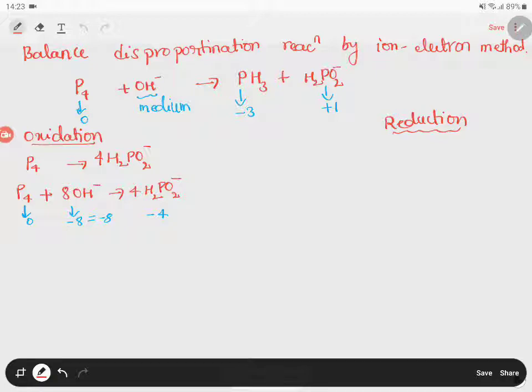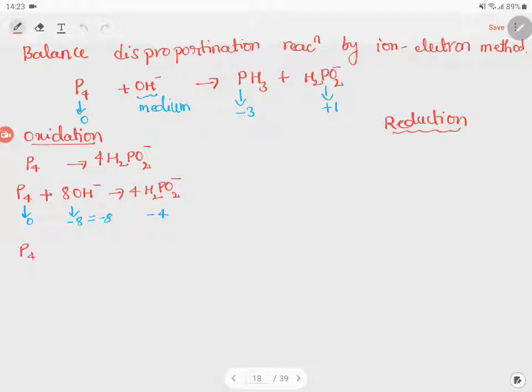Since there is minus 8 and minus 4, and each electron is negatively charged, 4 electrons are less, therefore add 4 electrons on the product side. We get P4 plus 8 OH minus giving rise to 4 H2PO2 minus plus 4 electrons. Now we have balanced the charges also.